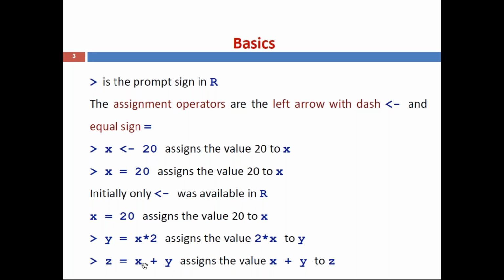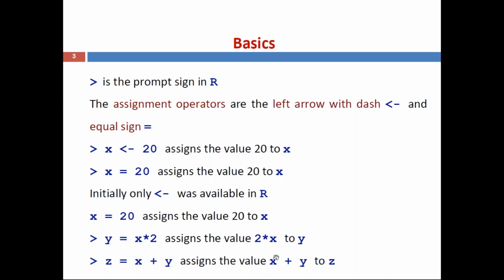Suppose you want to compute another operation. Now we know x contains 20, y contains 40. If you want to add these two, x + y, again that can be stored into another variable z. What is the meaning of this? z = x + y assigns the value of x plus y to z.